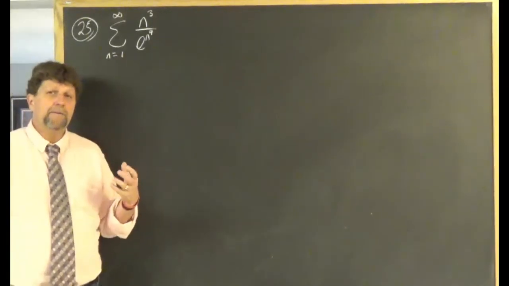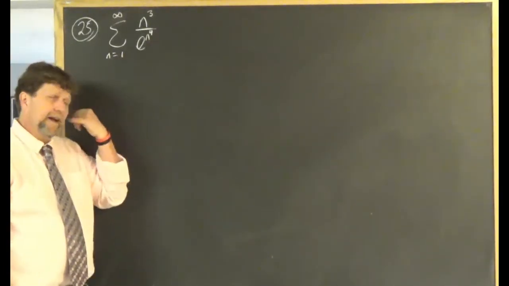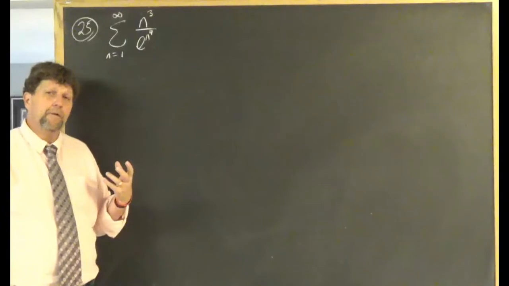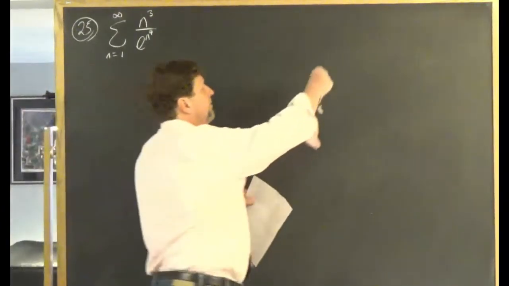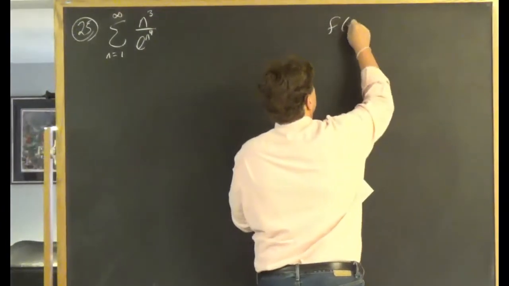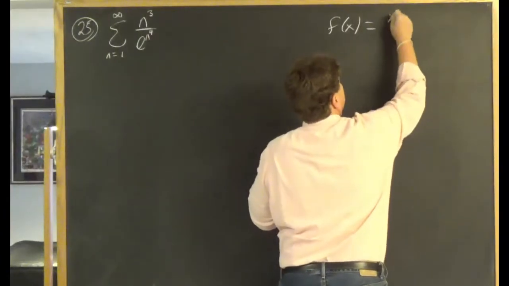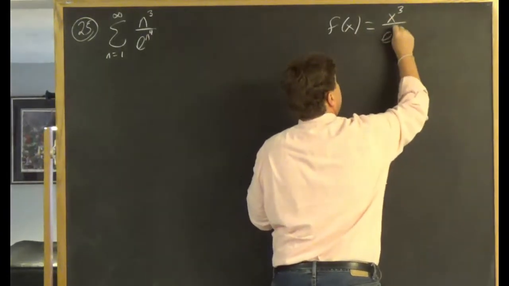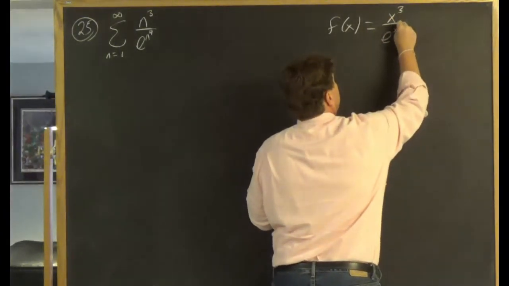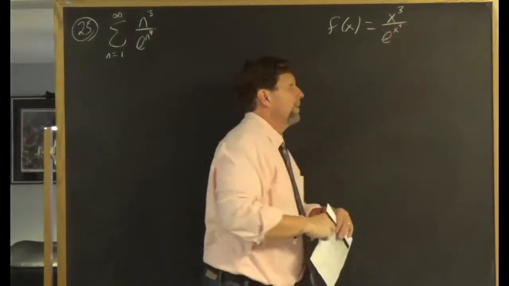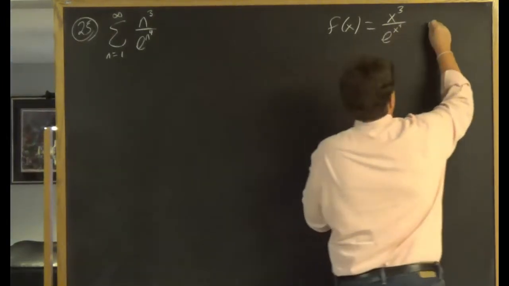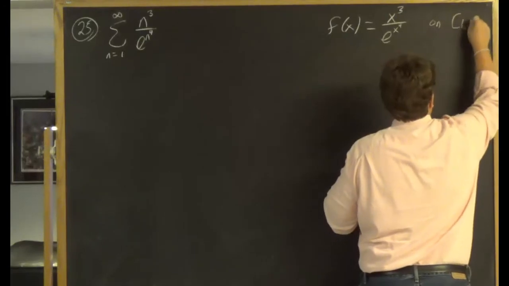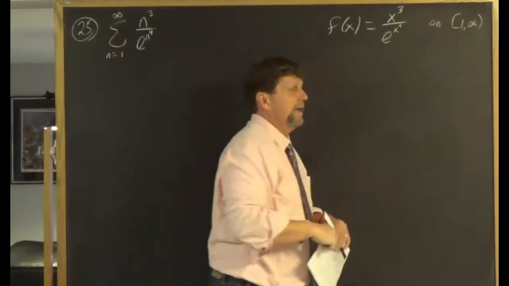The next thing that pops out to me is, if I had the function of the real variable f of x equals x cubed over e to the x to the 4th, and I look at this function on the interval 1 to infinity, here's what I would find.